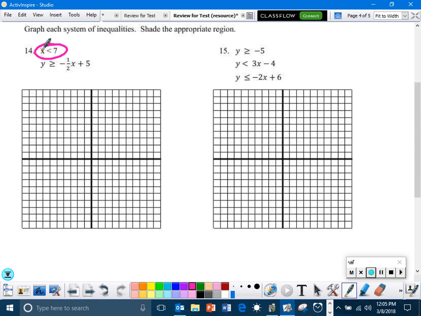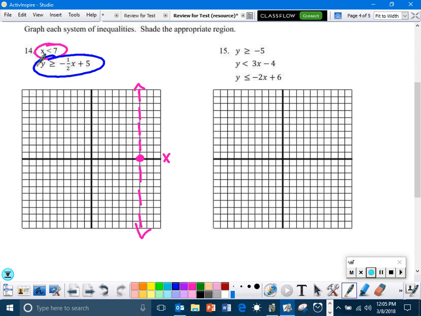Now the next thing is I noticed it's the letter X. If it's the letter X, I put a dot on the x-axis at 7, and since it's on the x-axis, this is a vertical line. Now looking up above, it's a dashed vertical line. Now I'm not going to shade it yet. We're going to graph the other one and then we'll shade it.